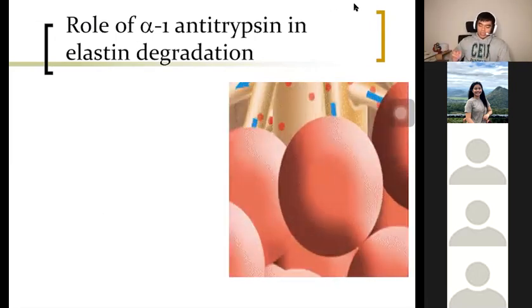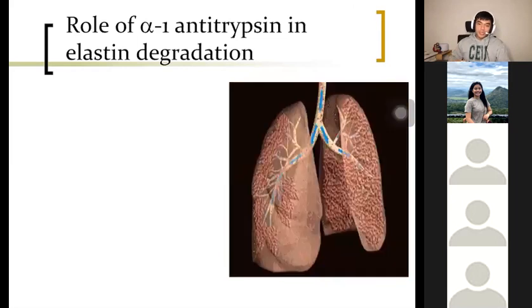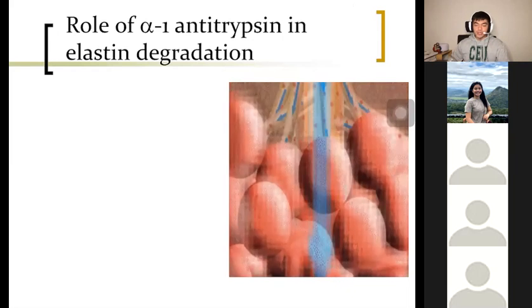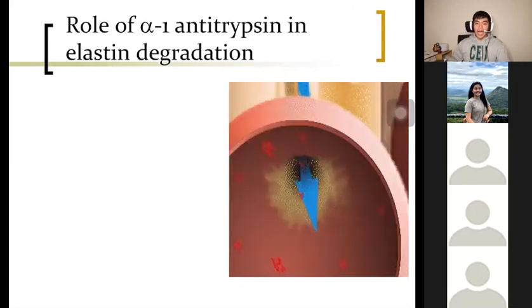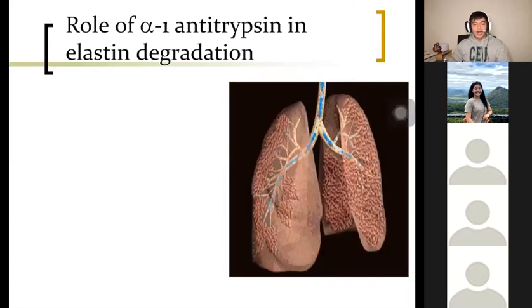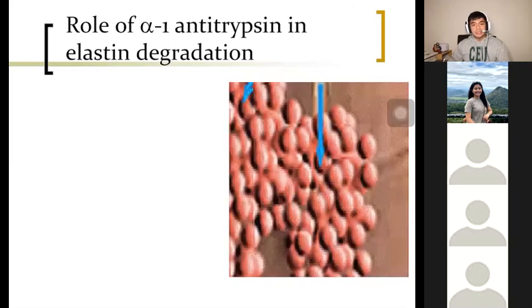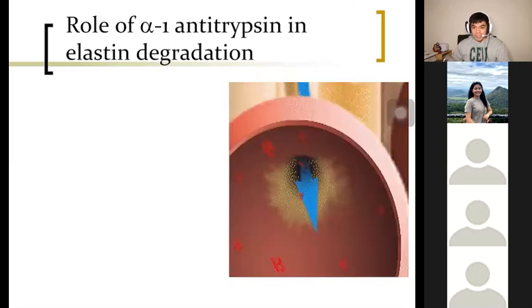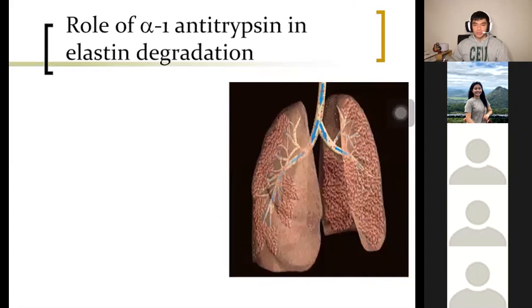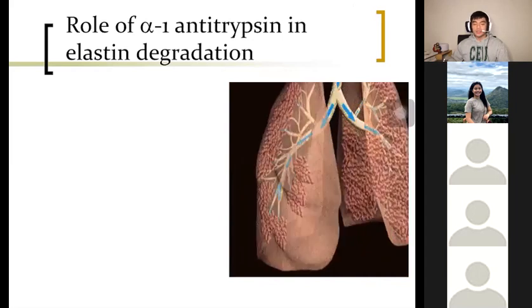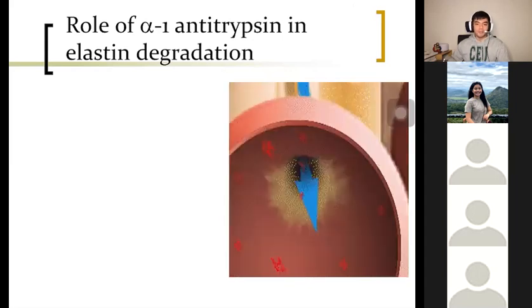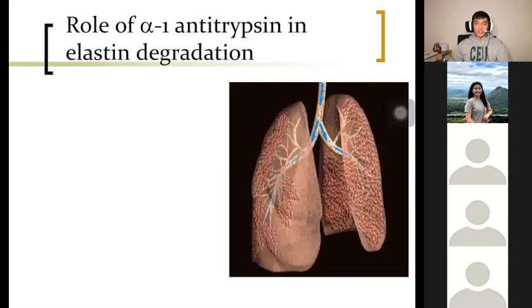Okay? So first stop, as you can see on the figure, we have the lungs. And of course, as we inhale air, it's not only oxygen that enters our lungs. Instead, there are other toxic substances that can enter through the lungs. And since these are toxic, the goal of the body is to remove those toxic compounds.